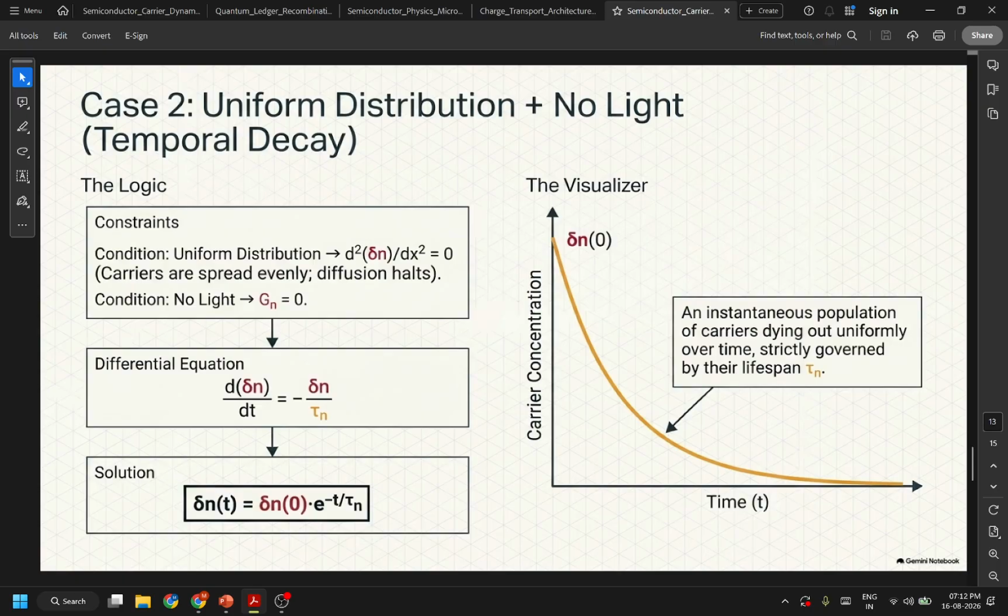Which makes delta n of t equal to delta n of 0 into e power minus t by tau n. So which makes us understand the meaning of tau n: an instantaneous population of carriers dying out uniformly over time, strictly governed by their lifespan tau n.